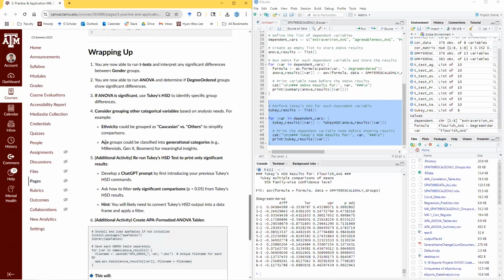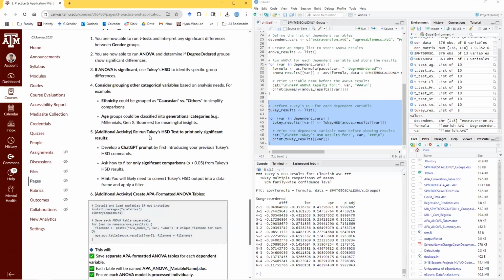However, if your interest is comparing group differences across generations, for example, Gen Z, Gen Y, etc., then you might want to classify the age into generational categories and run group difference tests. So there are lots of ways to apply this skill in terms of how you would code your data.